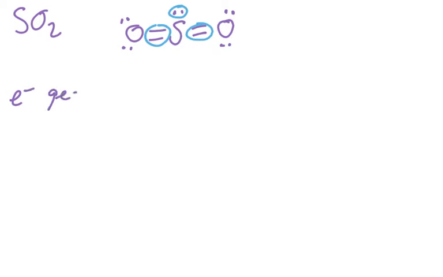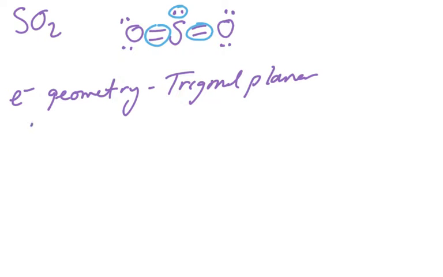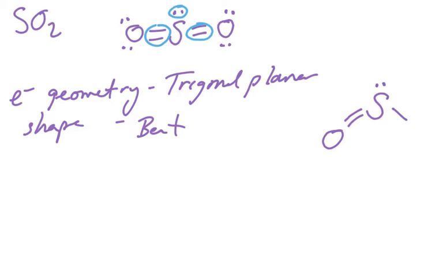The electron geometry would be trigonal planar. The shape, well, we have 3 electron groups, 2 bonding, 1 non-bonding, so bent. Like this. And the angle is 120 degrees.